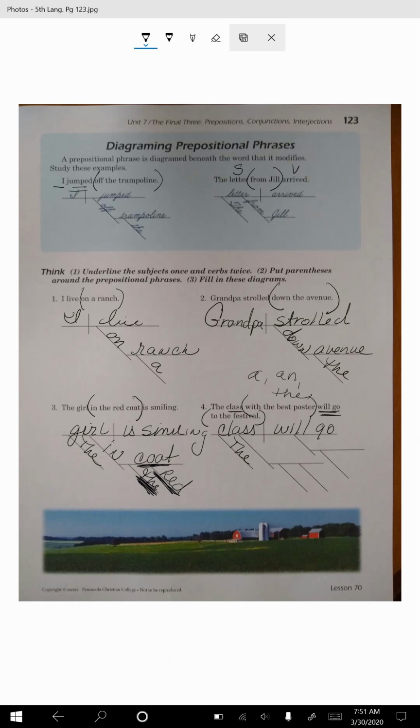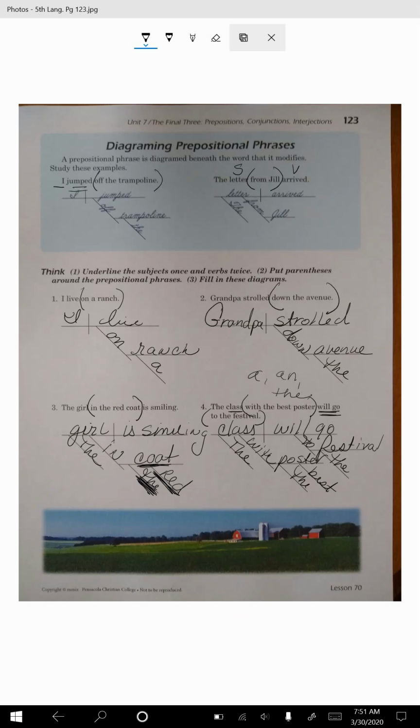All right, with the best poster. With poster and the best. And will go, where will they go? To the festival.